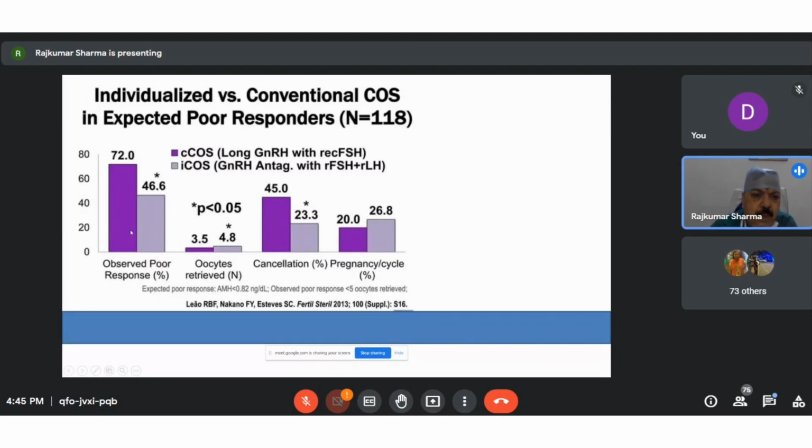In an expected poor responder, with the conventional stimulation protocol you will observe a poor response 72% of the time, while it will be lower where individualized controlled ovarian stimulation is given with antagonist and the combination of FSH and LH. The oocytes retrieved will be much more with the antagonist and recombinant LH. The cancellation rate will be less, and the pregnancy rate will be more in poor responders where the FSH-LH combination has been given.